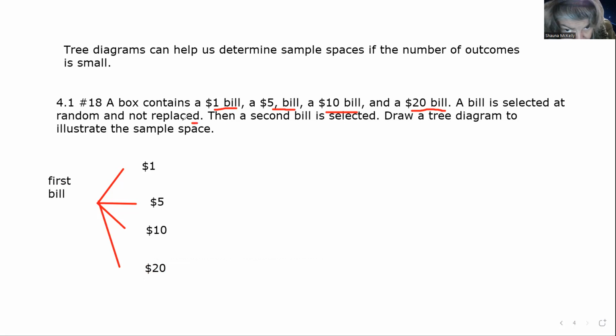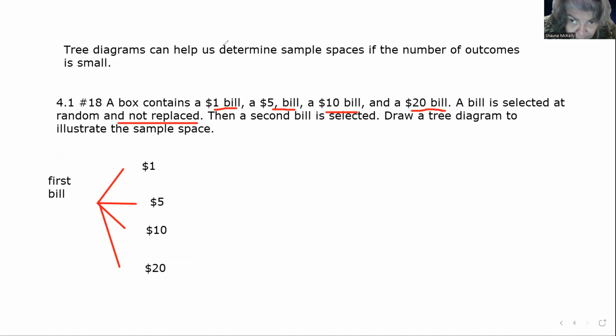Now, my second choice, this is important, it says not replaced. That means that I went in and drew one of these bills, and I didn't replace it. So now, whatever I chose, there's only 3 bills in the box.